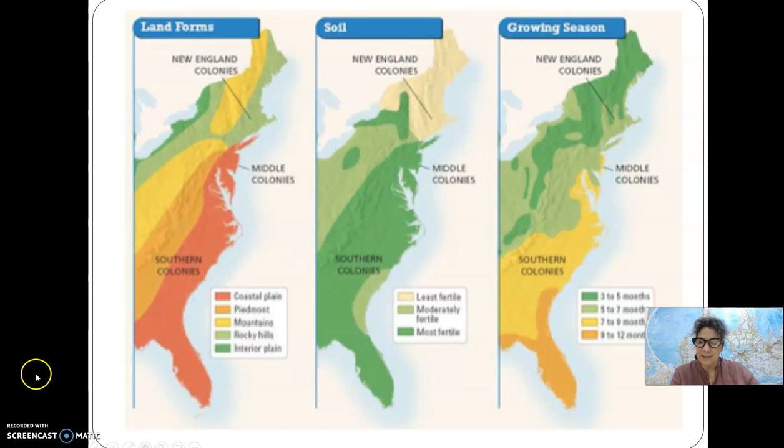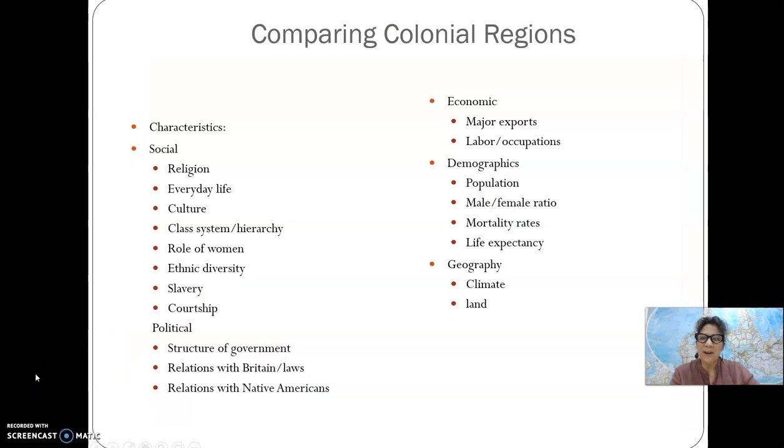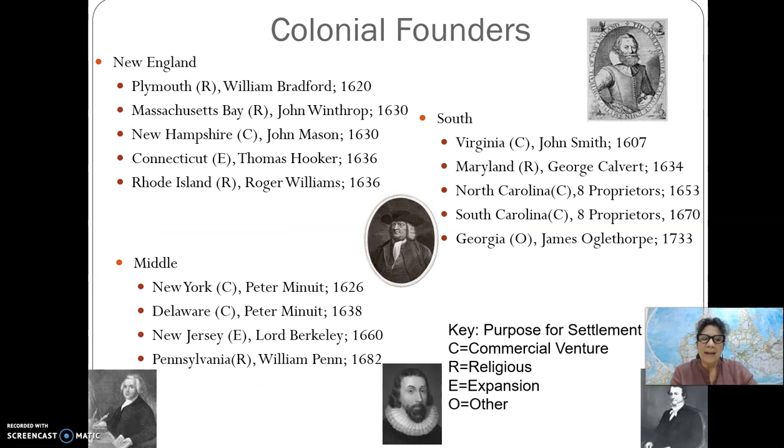Moving on from there, it's important for you to be able to compare the colonial regions in all of these different areas. It's important for you to understand who the colonial founders were. I created a little key down here, so it shows you the purpose for their settlements. Some of them were commercial ventures, while others were religious in their foundation.